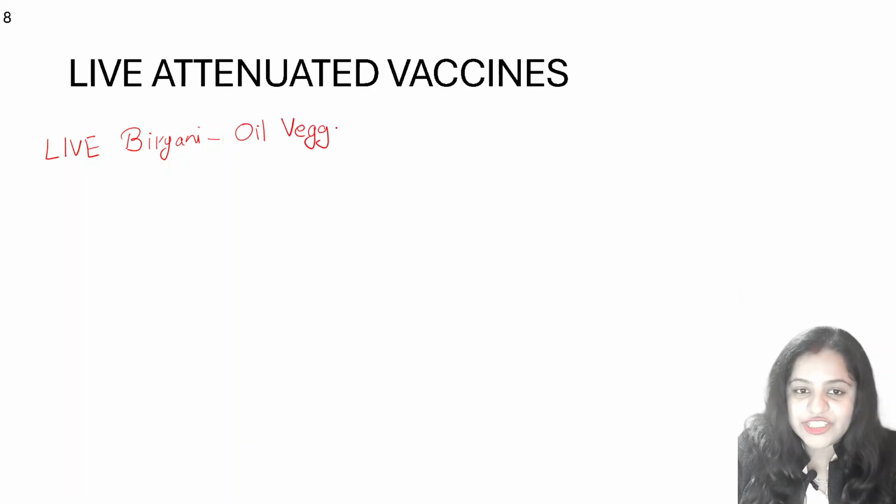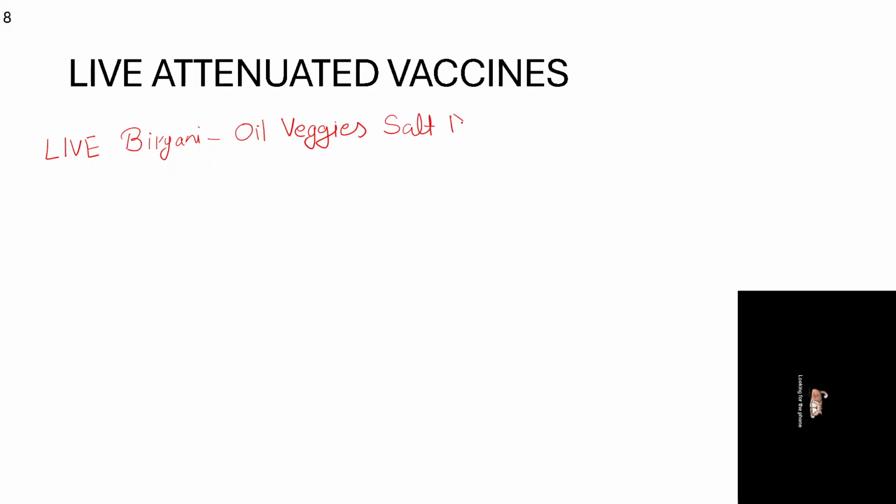You need veggies because it's a veg biryani. Then you need salt. You need masala. You need rice, obviously. Then you need turmeric. Put it all in a hot pot.